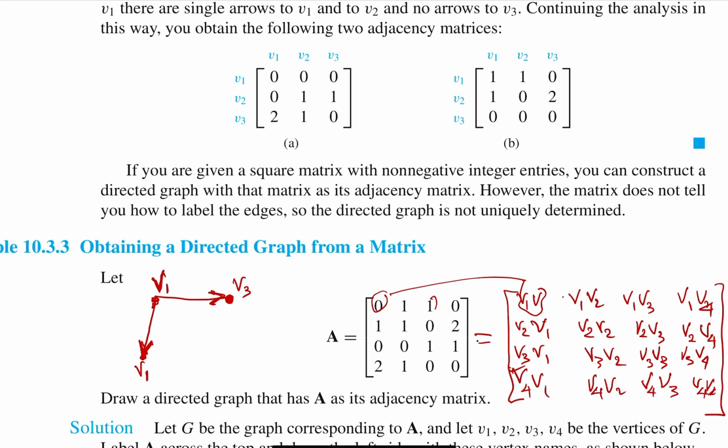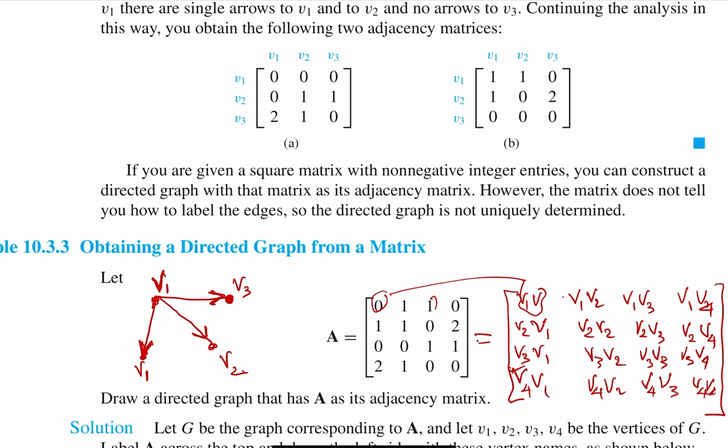Now the next one is V2, V1. We have only one. We can write V2 down here. V2 and V1, we have one, and the arrow points in that direction.